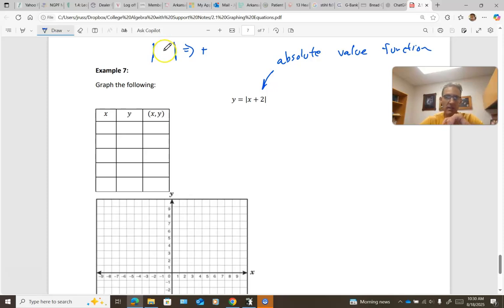They only change the sign if there's a negative inside. Okay? And because they turn everything into a positive, these are sort of like linear functions, as you'll see here in a minute, but it's like they're made up of 2 lines. Because they take everything that's in here and turn it into a positive, this function, when we graph it, will stay above the x-axis because all the y's are going to be positive numbers.